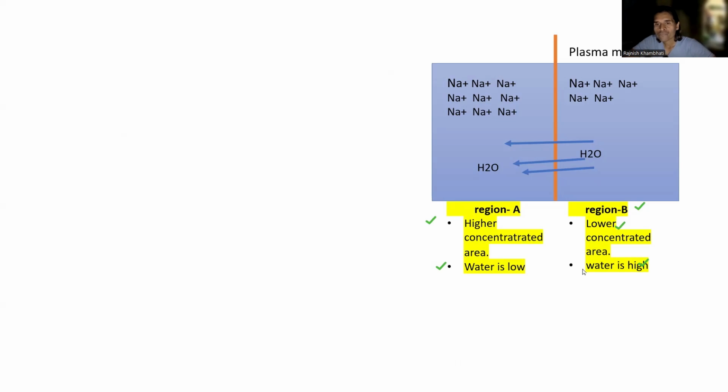But remember, let me write. Water is low, and here, water is high. Clear? Na plus is high, but water is low. And in region B, Na plus is low, but water is high.